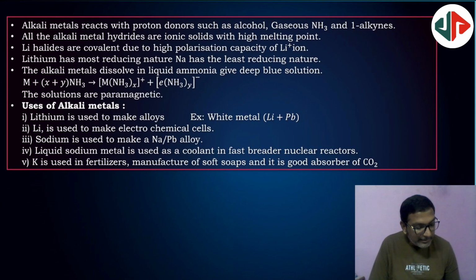So alkali metals react with proton donors such as alcohols, NH3 and alkynes. Alcohols means I will write one example. Alkali metal can react with proton donors such as alcohol. I am taking C2H5OH.